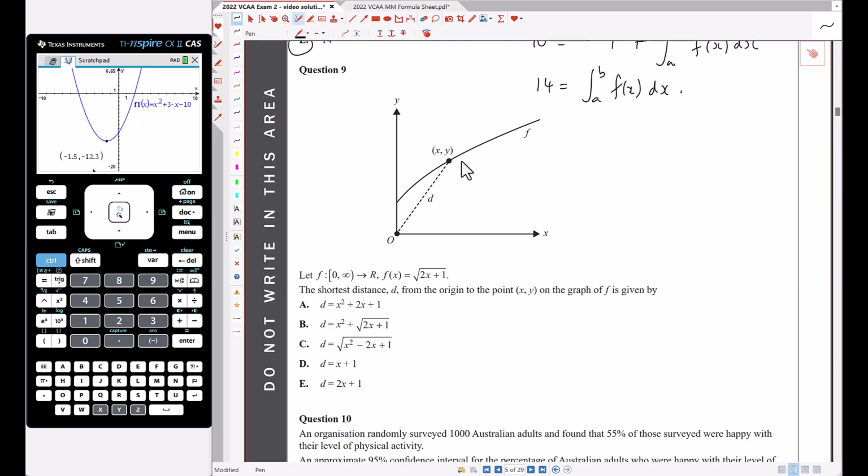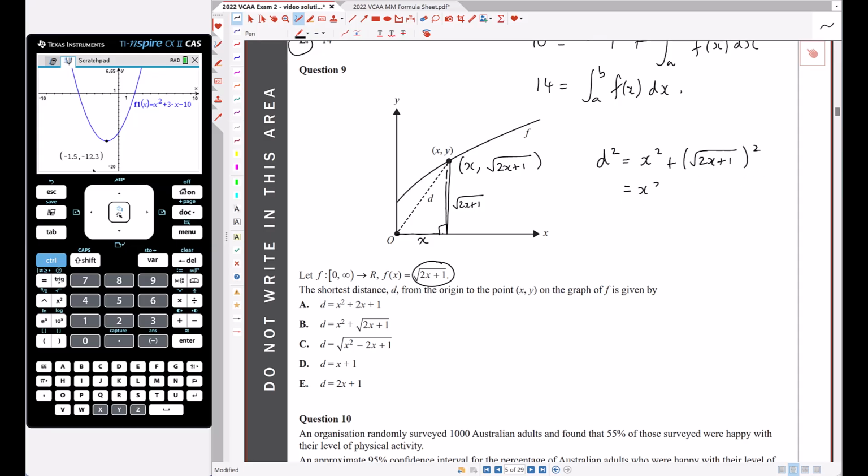The shortest distance d from the origin to the point xy. Okay, so this point xy, x and the y value is going to be square root of 2x plus 1. So that means if I think about drawing a triangle here, this distance here is x and this distance here is square root of 2x plus 1. And so therefore I can get an expression for d. D squared is going to be x squared plus square root of 2x plus 1 squared.